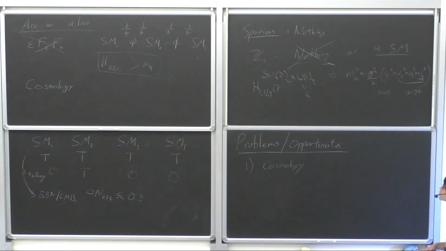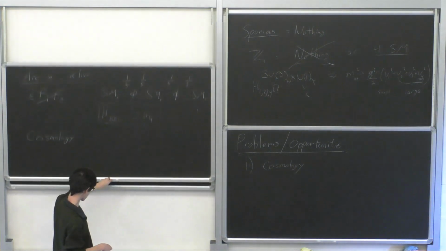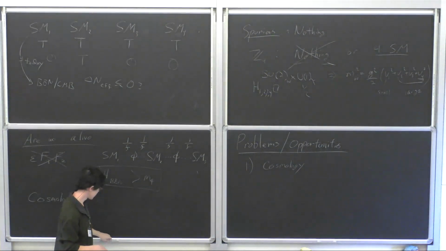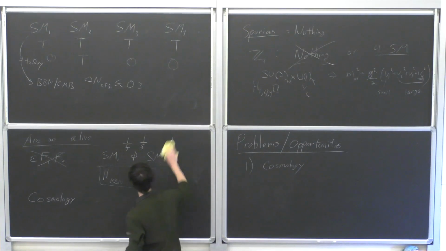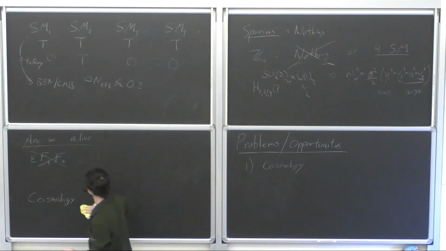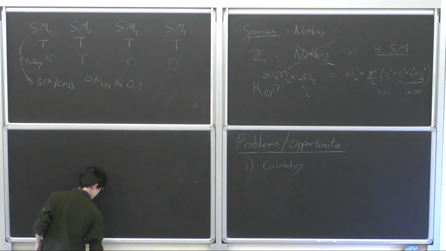What else? Let's go back here, let's say. What else is you should be careful. I have been sloppy and no one has called me out on it. And so I will call myself out.